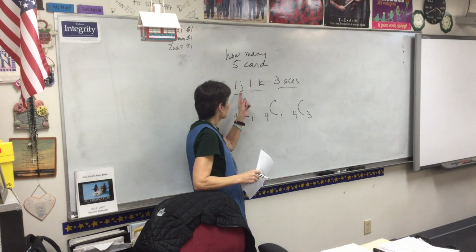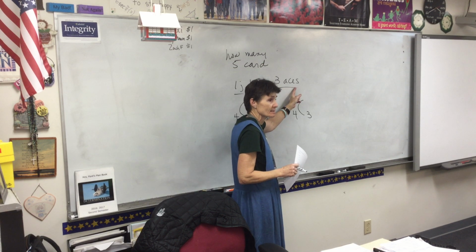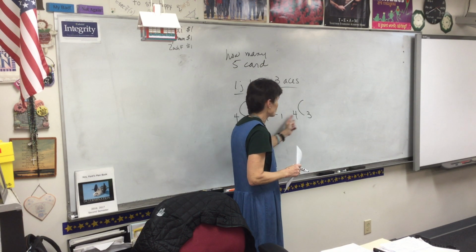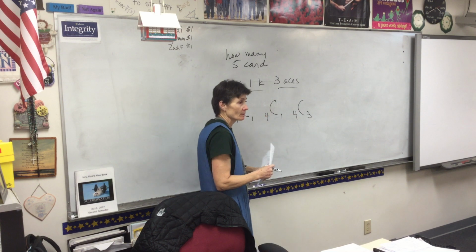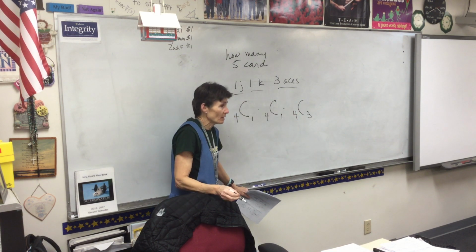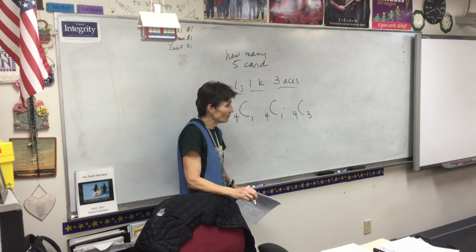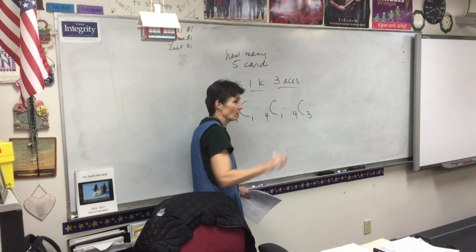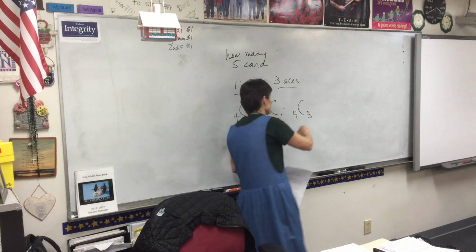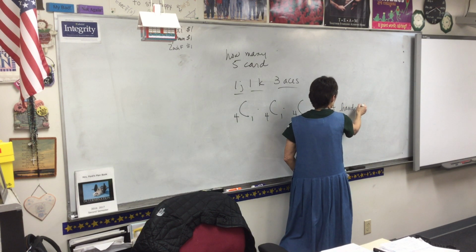Now, since I am picking 1 jack, 1 king, and 3 aces, what am I going to do with these 3 numbers? Multiply. And means multiply. I don't know how many more times I can say that, people. And means multiply. So you just multiply them all and get the answer. And the answer is 64 ways. Or 64 hands. That's how many hands.